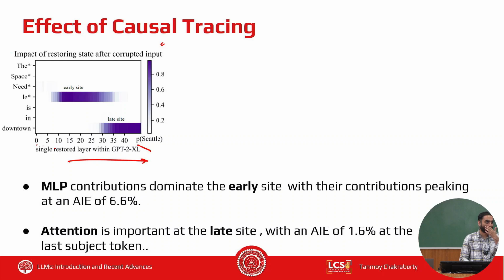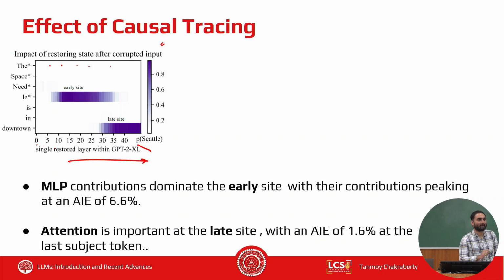Y-axis is the inputs, right? The space, needle, data, right? And every element in this matrix indicates what? This is the indirect effect, the difference after restoration, right? Every element in this matrix indicates the probability of corrupted after restoration minus probability of corrupted.